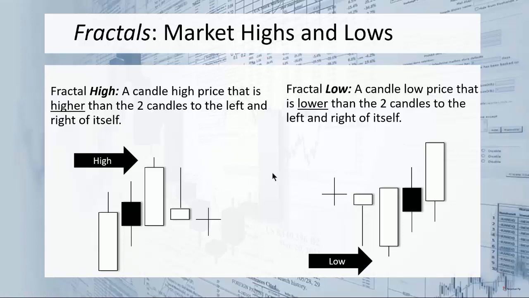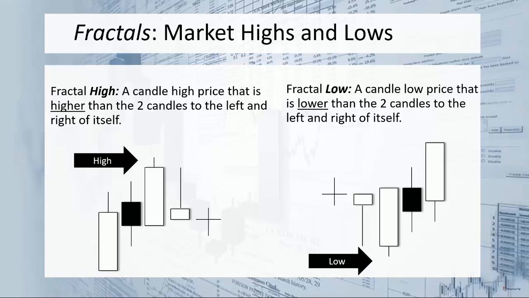Now, quick side note, I don't want to spend too much time on it, but it is a possibility from time to time that you will come across multiple candles that have the exact same high or low price. The formula, if you will, to determine what your high or your low is going to be is still the same: two to the left and two to the right of the candle.